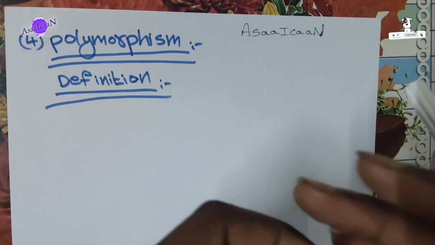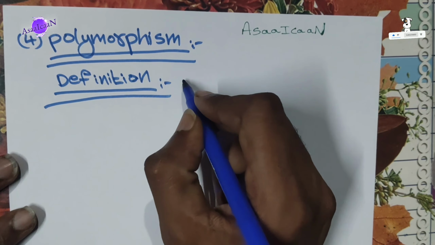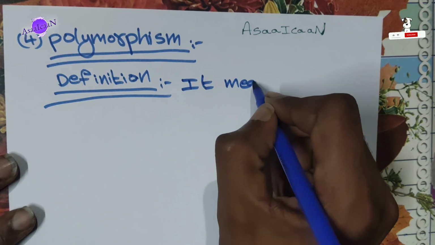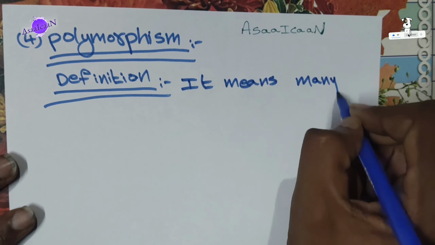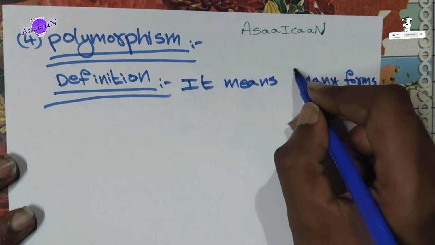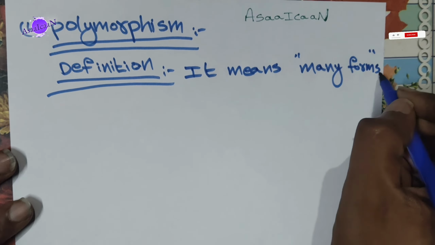First of all, I write it once. The definition: it means many forms in OOP.